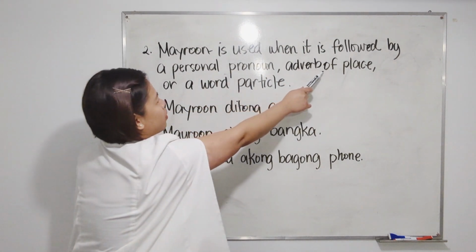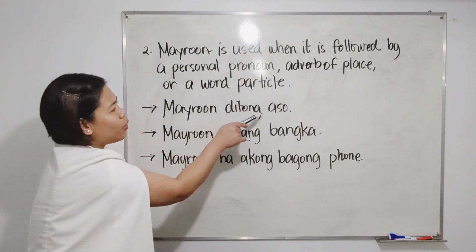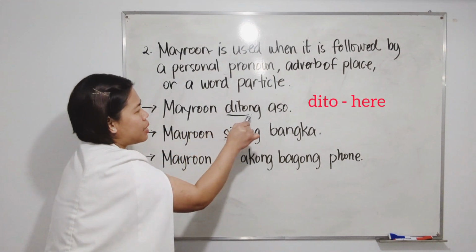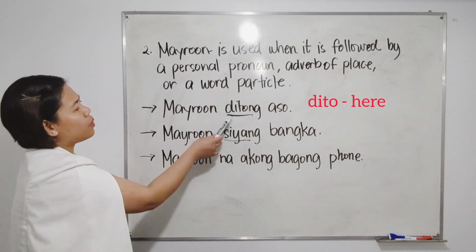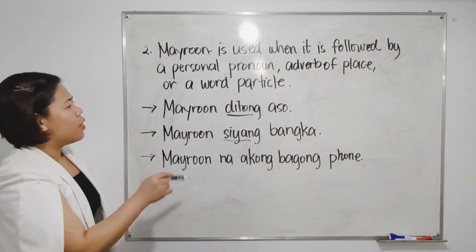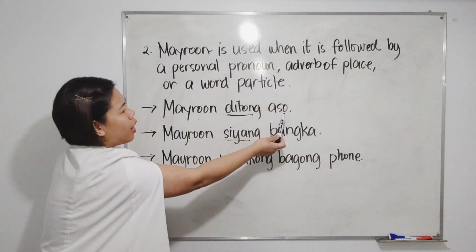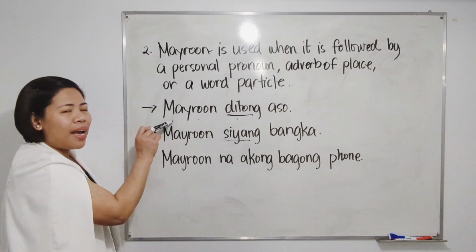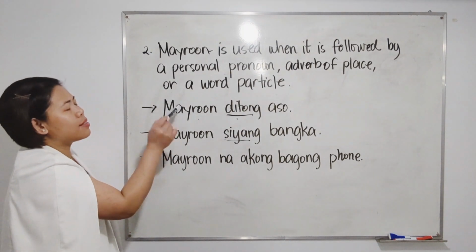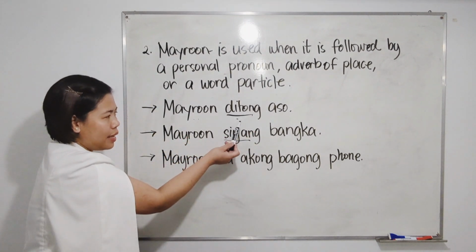It's because siya is a personal pronoun. Then, for the adverb of place, we say, "mayroon ditong aso." So here, dito means here. So dito is an adverb of place, here. So we would say, there is a dog here. Mayroon in here is not has or have, it's there is. So there is a dog here.